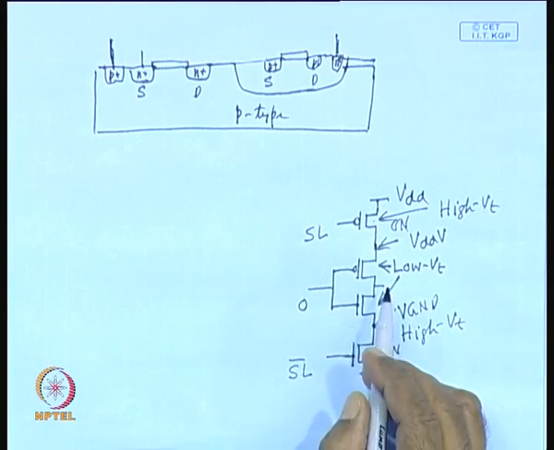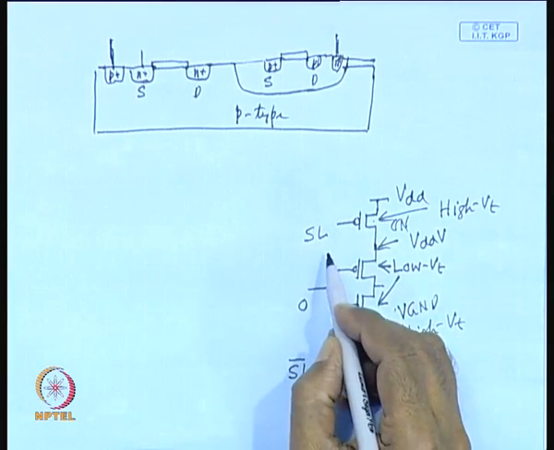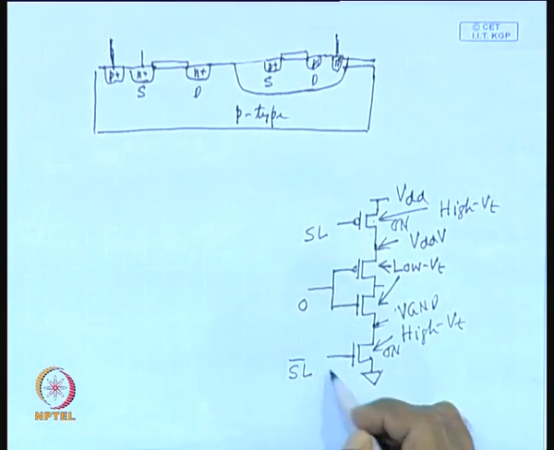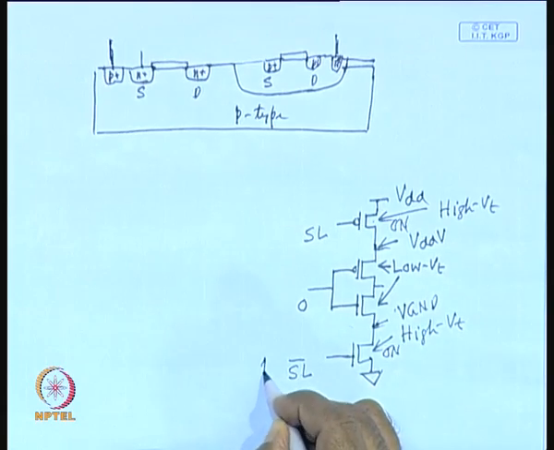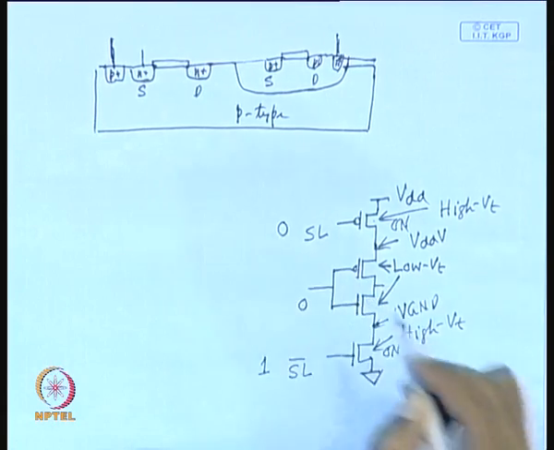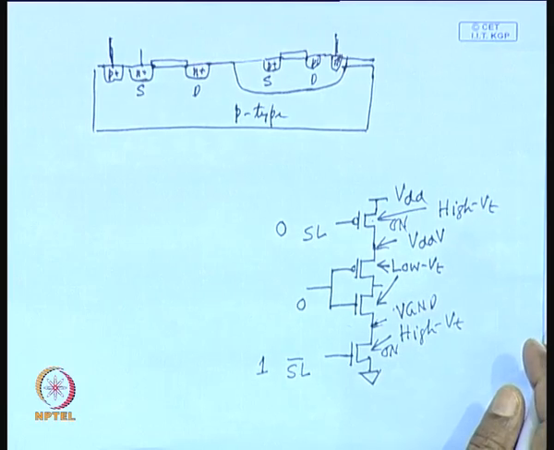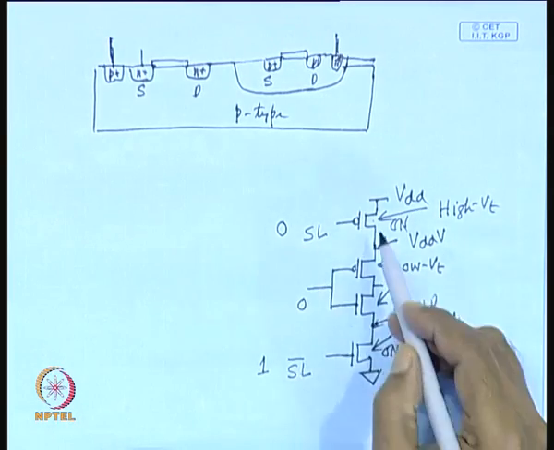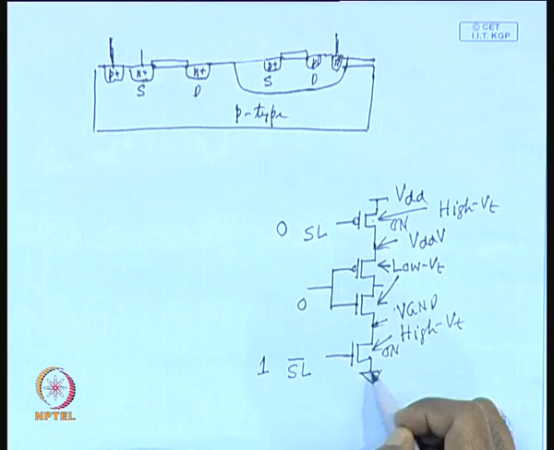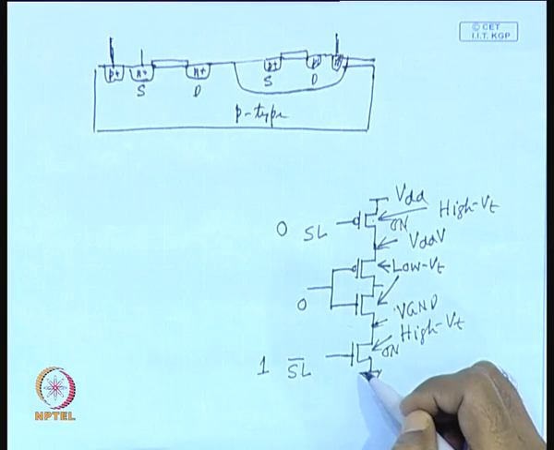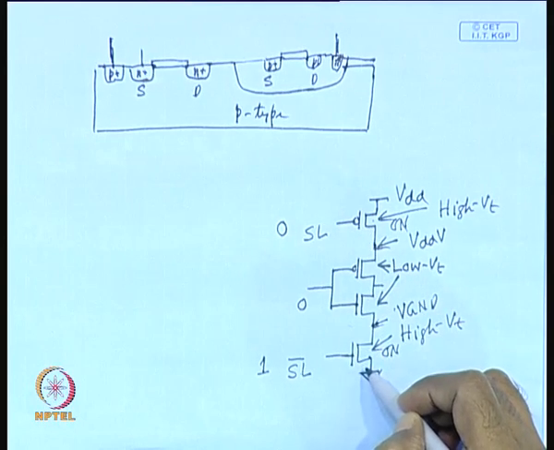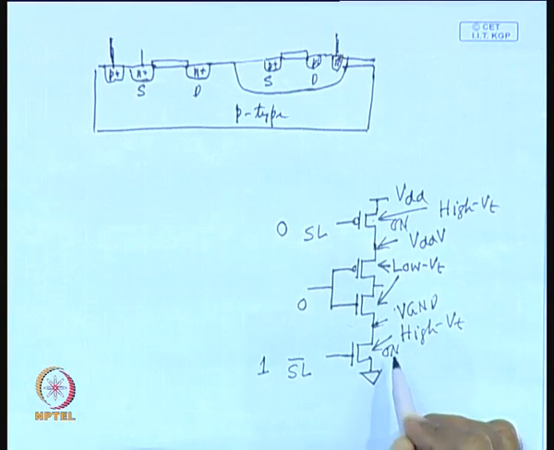Now, in the standby mode, what you do, you make this transistor off, this transistor also. That means, you make this one as 1 and this one as 0. So, when you do that, then this PMOS transistor and NMOS transistor both are now off. So, when both of them are off, what will happen?